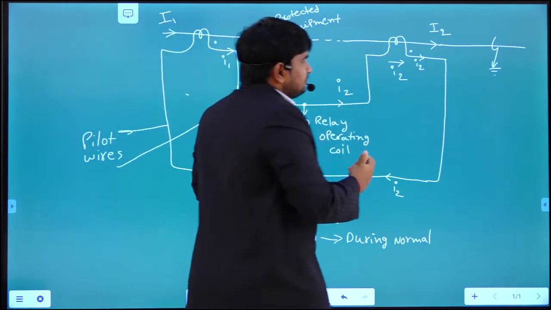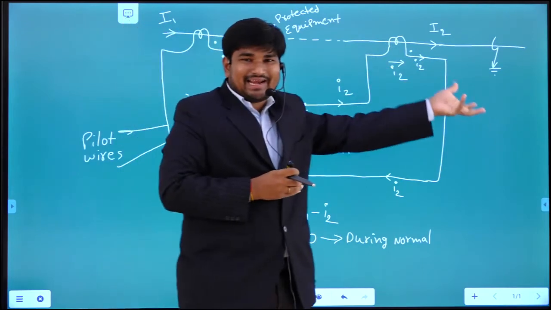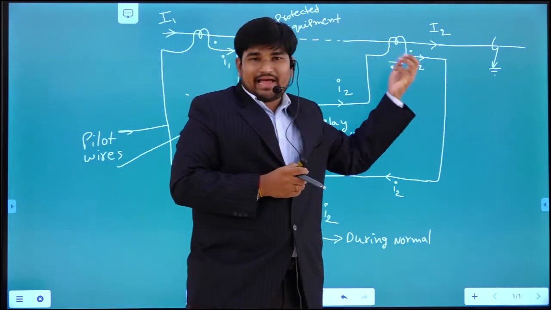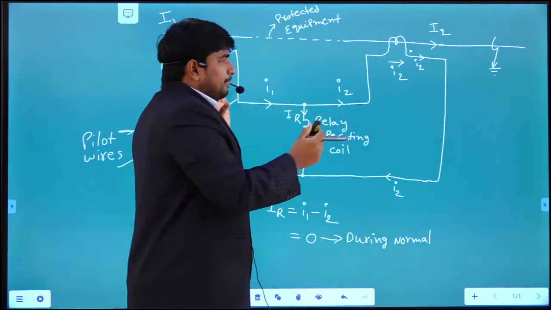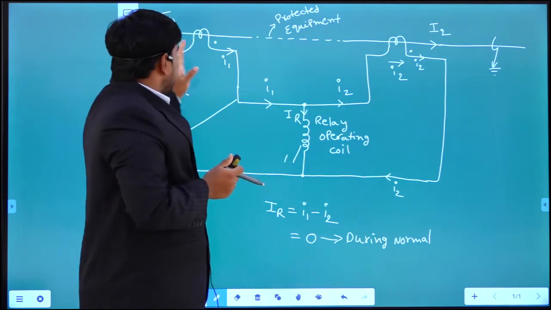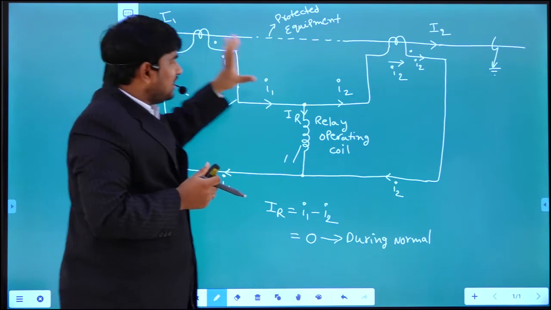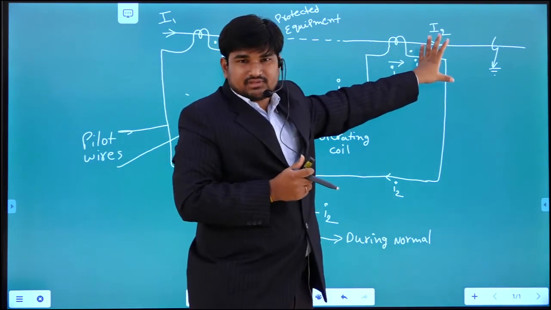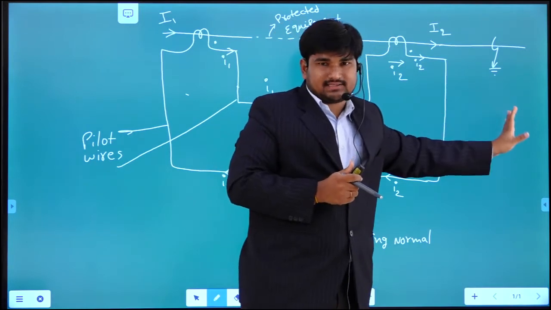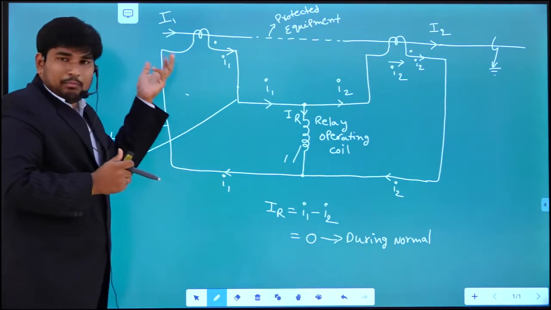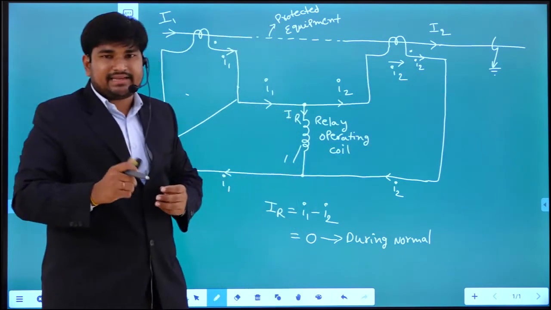So for this, what happened? Obviously, as the fault occurred, the current will increase. But here, along with current I1, I2 also increases, right? Both I1 as well as I2 are increasing simultaneously.